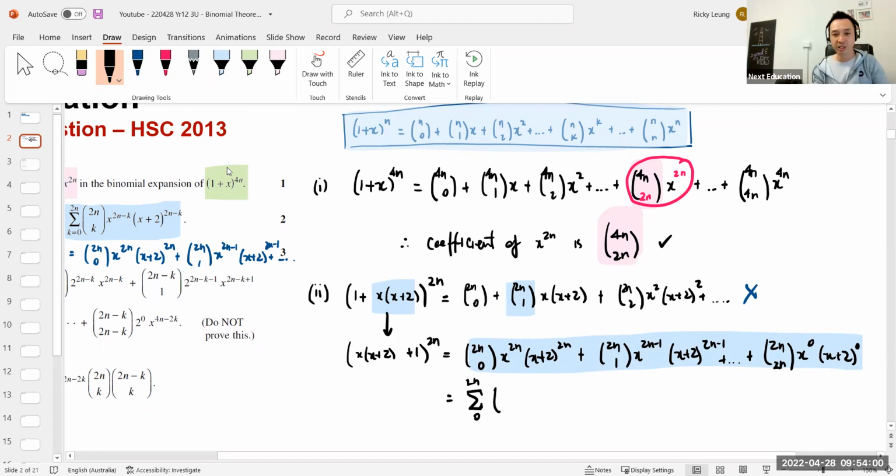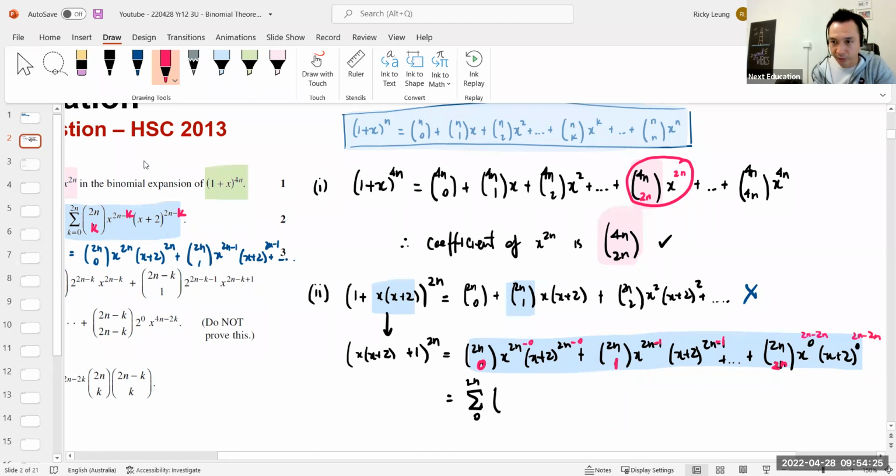Now, how do you know what k is in this case? K is a term that basically increases in value as you go from left to right. Look at this: 0 there, minus 0, minus 0, 1 there, minus 1, minus 1, 2n there, that is 2n minus 2n.